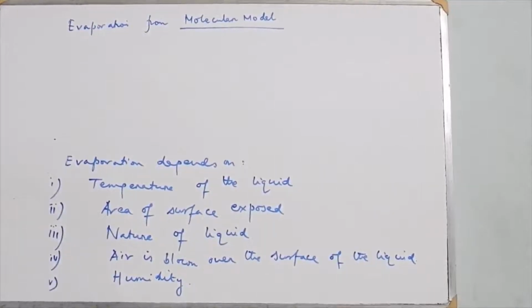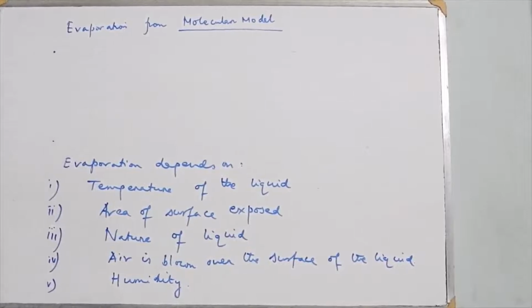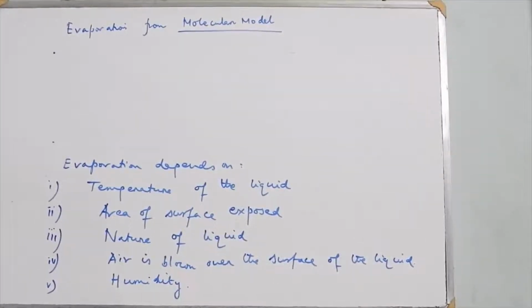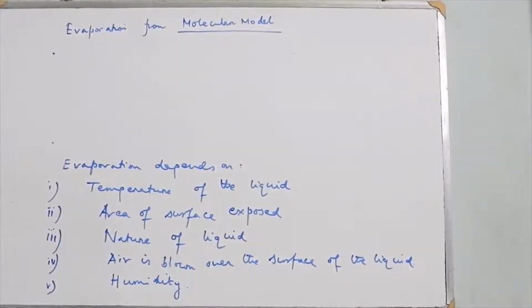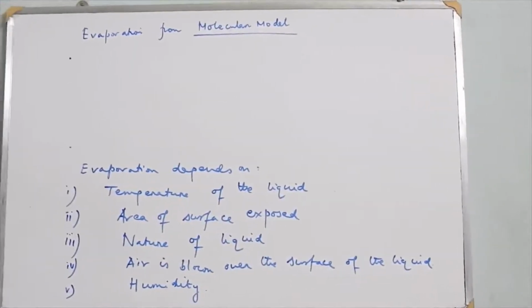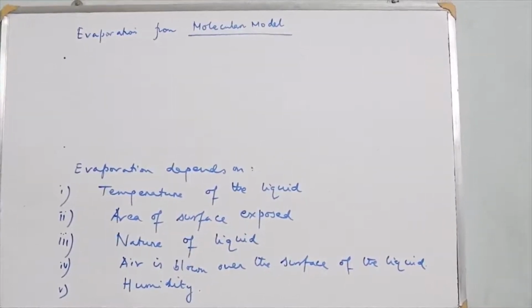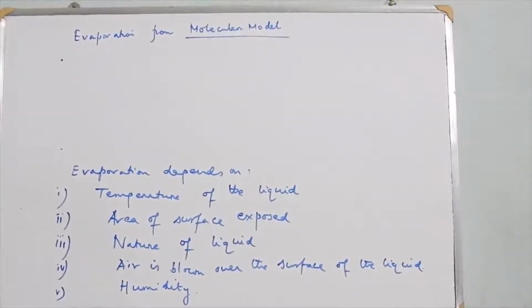As in liquids, the molecules are always in random motion. They are in random motion within the boundary of the liquid, and as they are in random motion, they will frequently collide with each other, and during collision, some of the molecules which are below the surface of the liquid will gain certain kinetic energy.